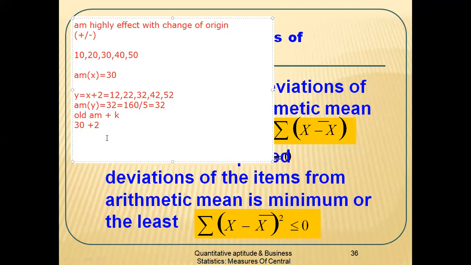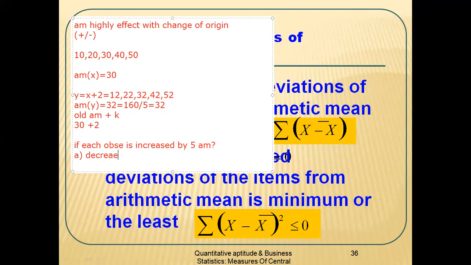Now the question they can ask in the examination is: if each observation is increased by 5, then what will be the effect on the arithmetic mean? Option A, decreased by 5.